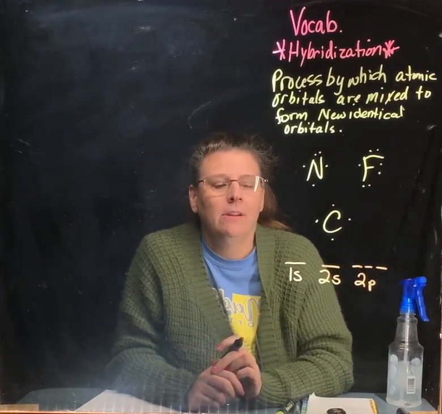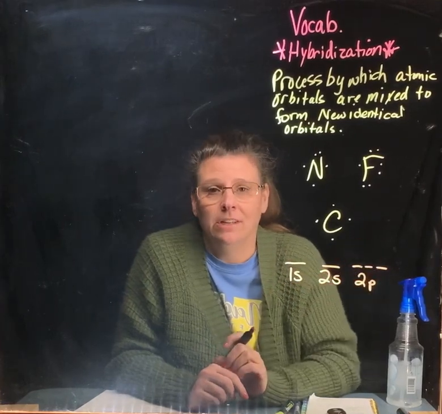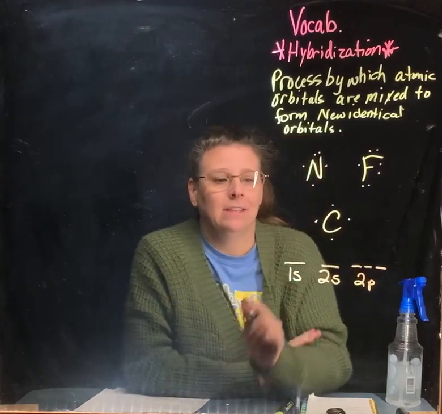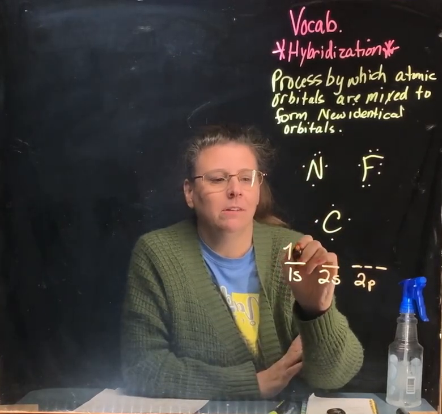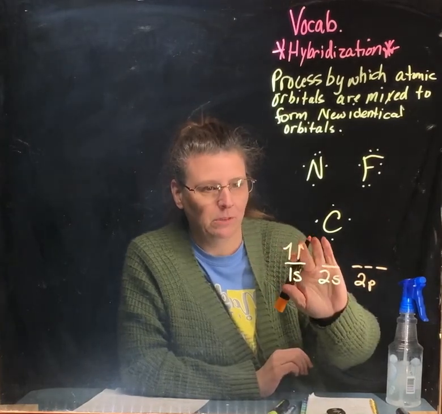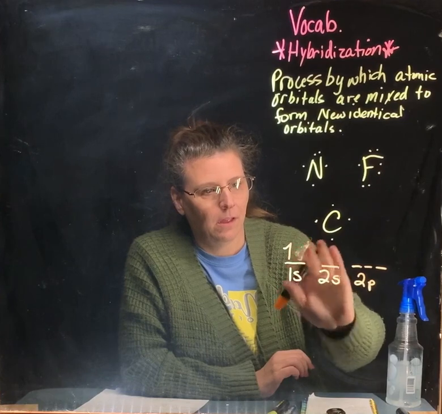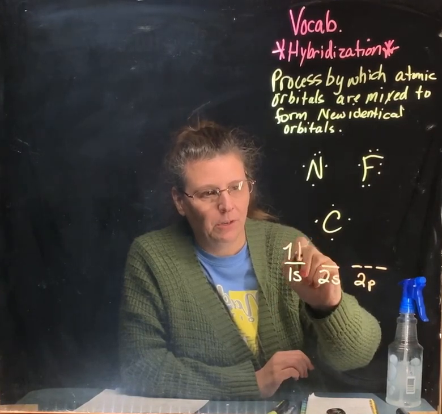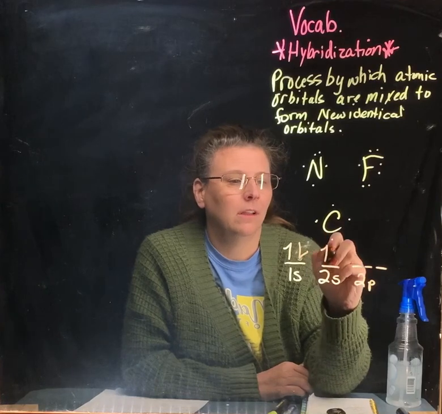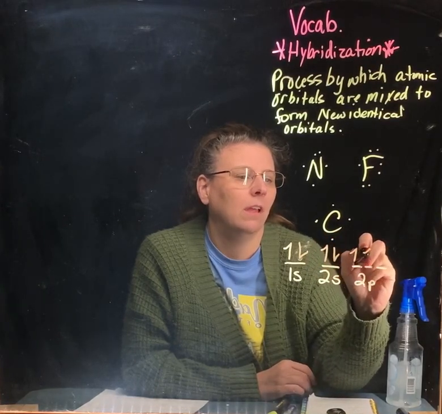Remember how many electrons can go in each orbital? Just 2, right? But carbon has 6 electrons, so we have 1 here and 1 here. Oops, I went the wrong direction with this one. Sorry about that. I should be going this way. Okay, and then we have 1 here and 1 here, and then we have 1 and 1.